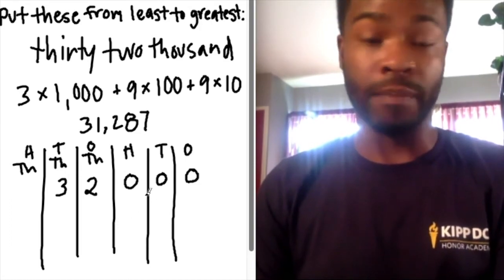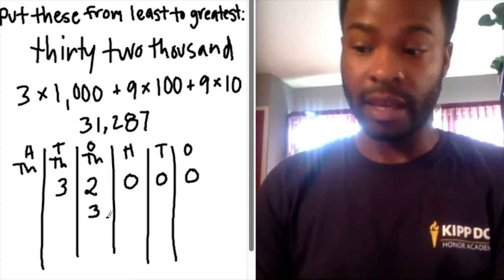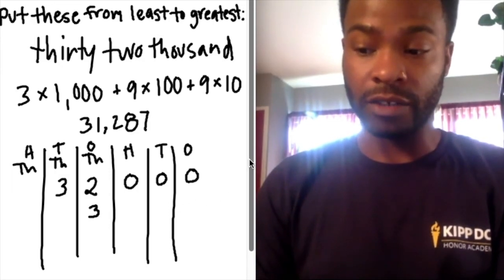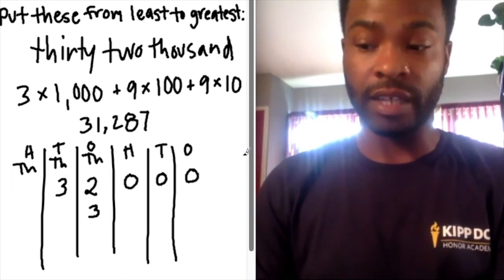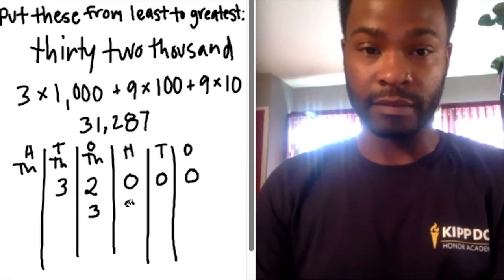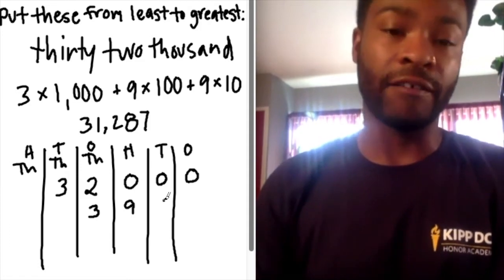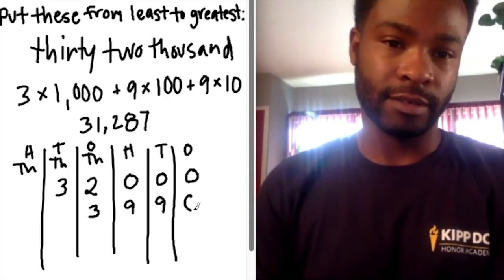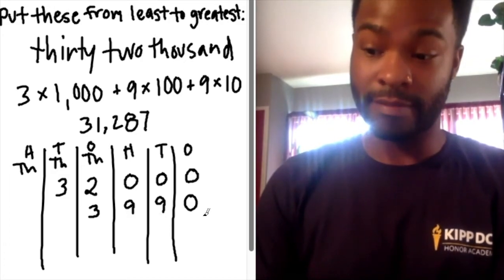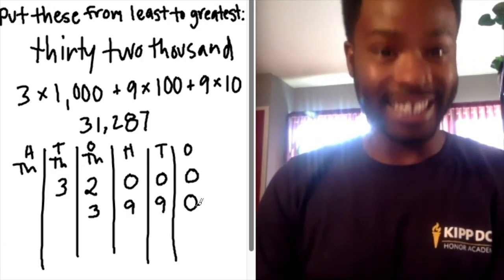So that goes in my thousands place. Then I have 9 times 100. 9 times 100, that goes in my hundreds place. And then we have 9 times 10, that goes in my tens place, and I can fill everything else with zeros. So that number's really 32,990. Yes. Now I see.